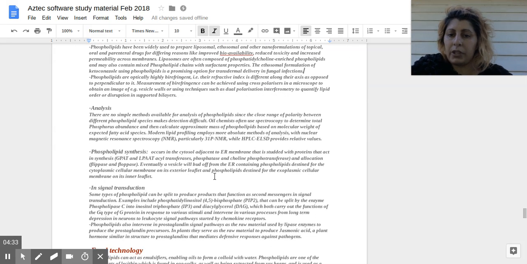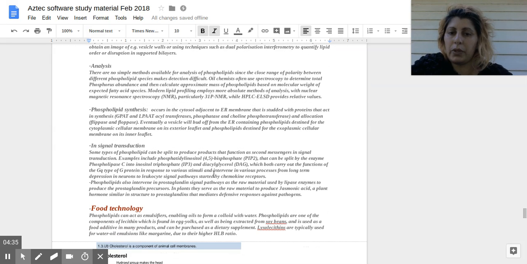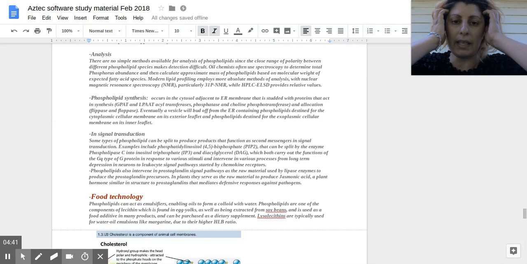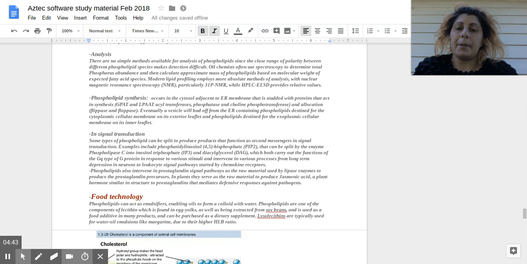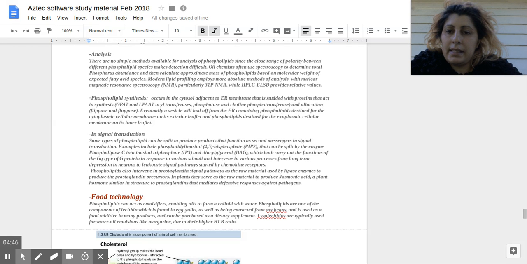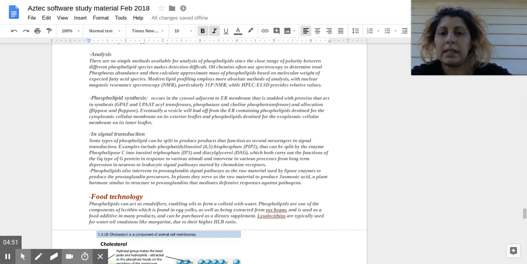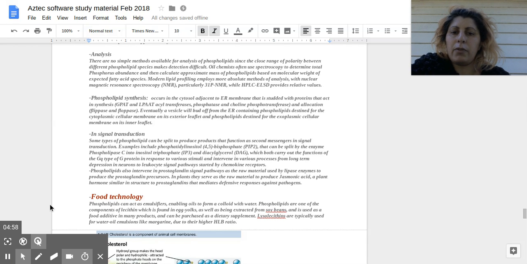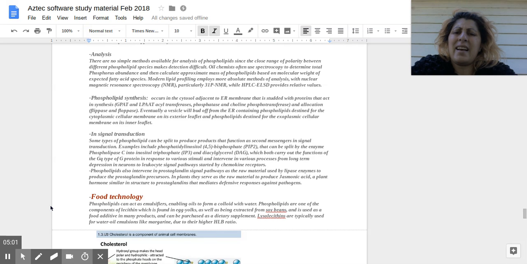Phospholipid synthesis occurs in the cytosol adjacent to the endoplasmic reticulum membrane that is studied with proteins that act in synthesis. For example, GPAT and LPAT acyltransferases, phosphatase, choline phosphotransferase, and allocation called flippase and flopase.